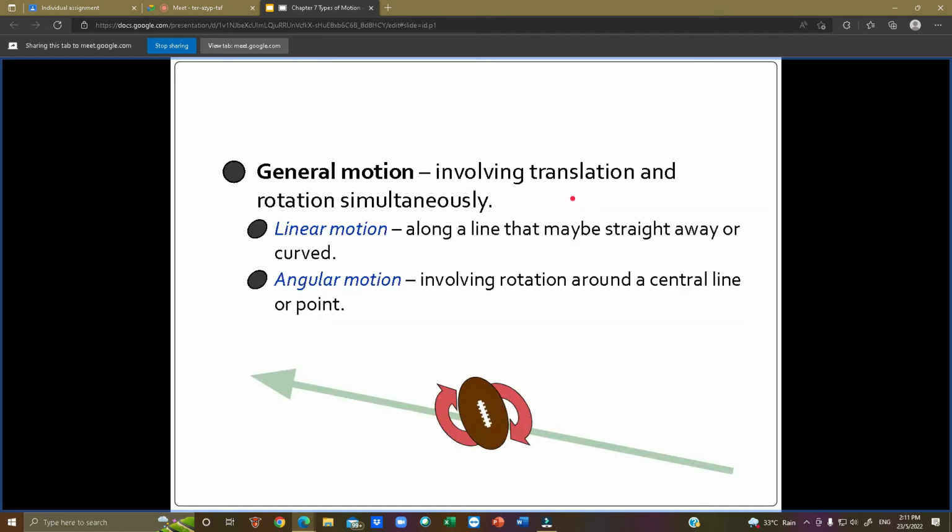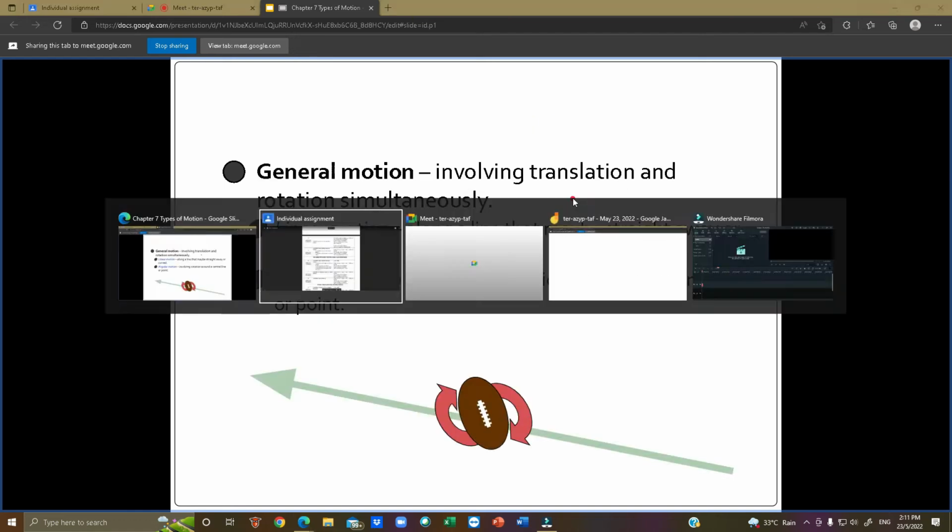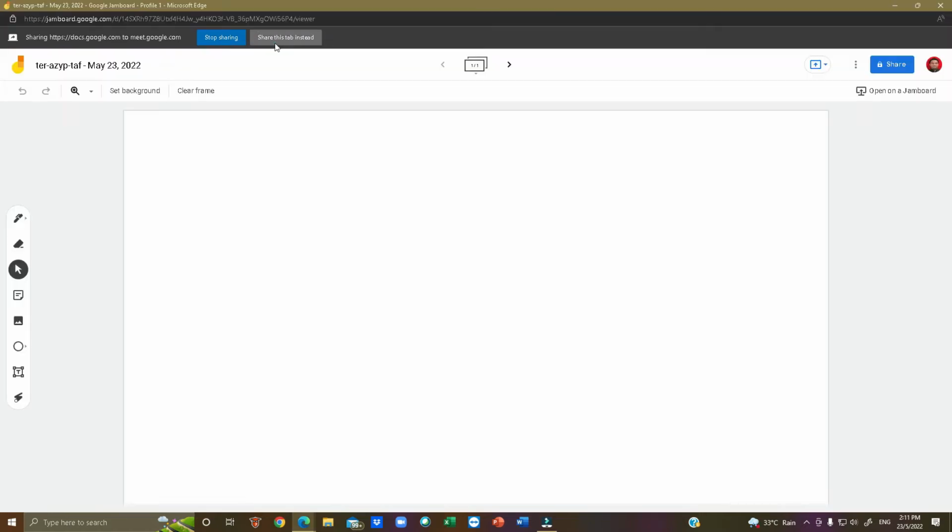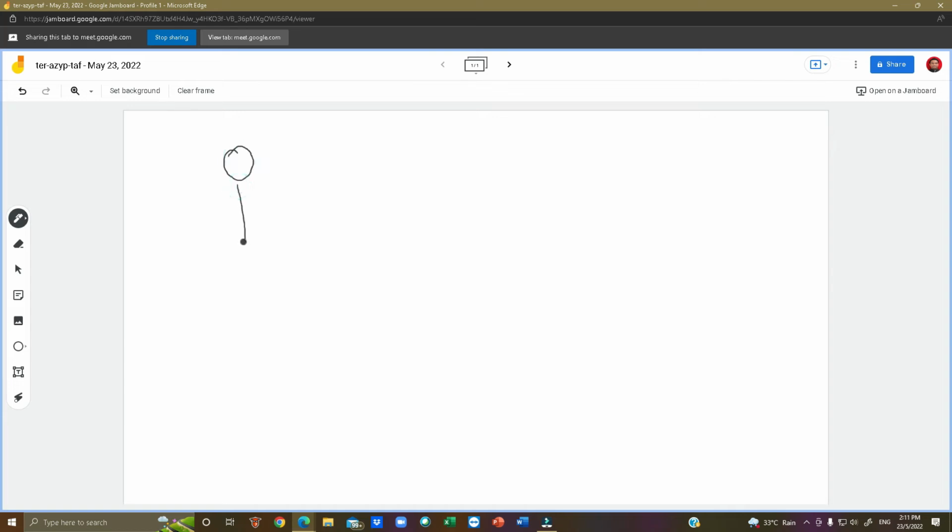Okay. So what is actually general motion is something like this. Okay, kita ambil satu contoh pergerakan manusia simple. Let's take walking.